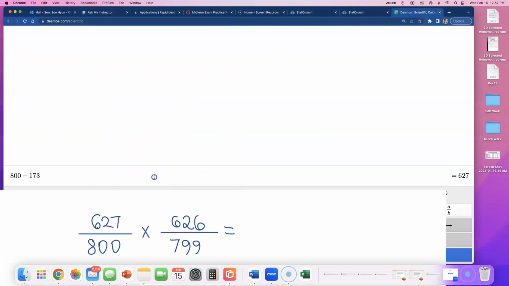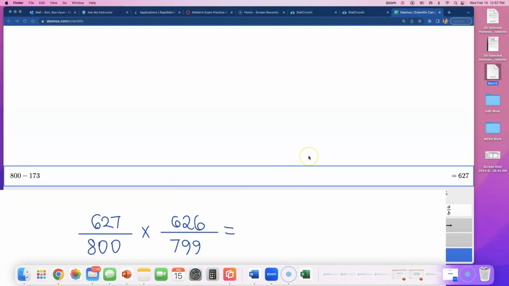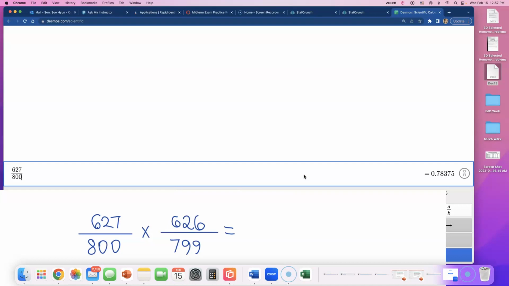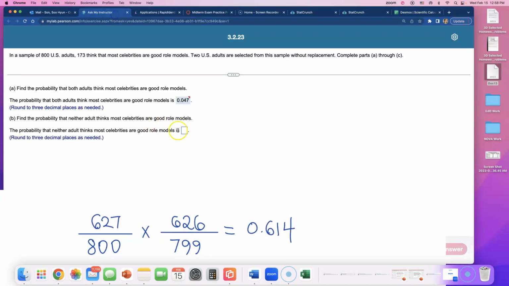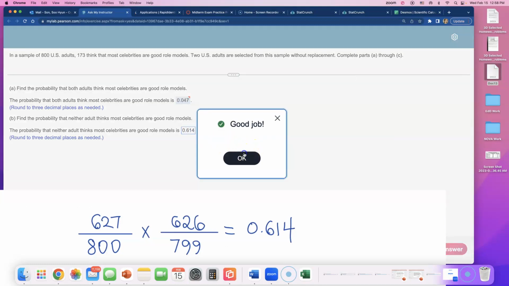So I'm doing 627 divided by 800 times 626 divided by 799. The decimal came out to be 0.614. And I think they want us to round this to 3 decimal places. So I'll just type that in. Ta-da.